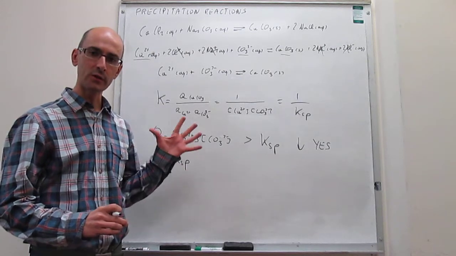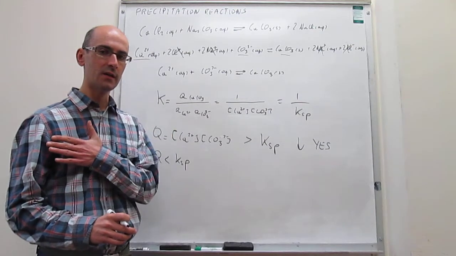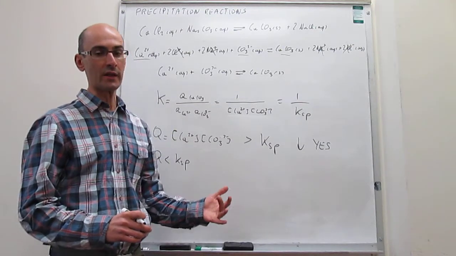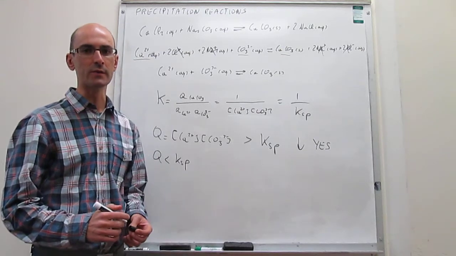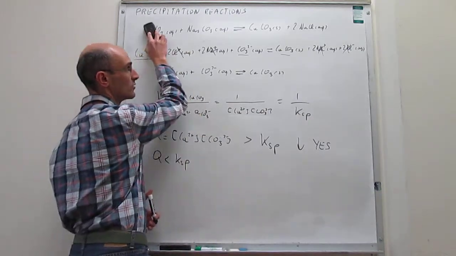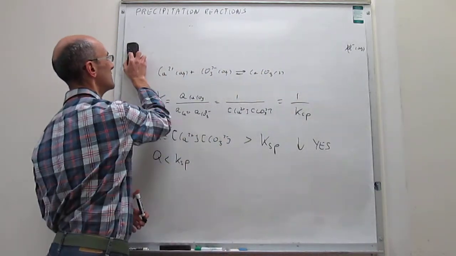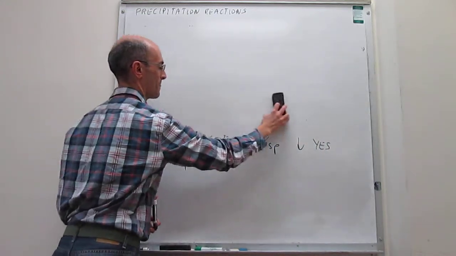All right, so let's illustrate this comparison between the ionic product Q and the solubility product Ksp by doing a couple of numerical examples. In our examples, we're not going to be using calcium carbonate. Instead, we're going to be using a slightly different system.